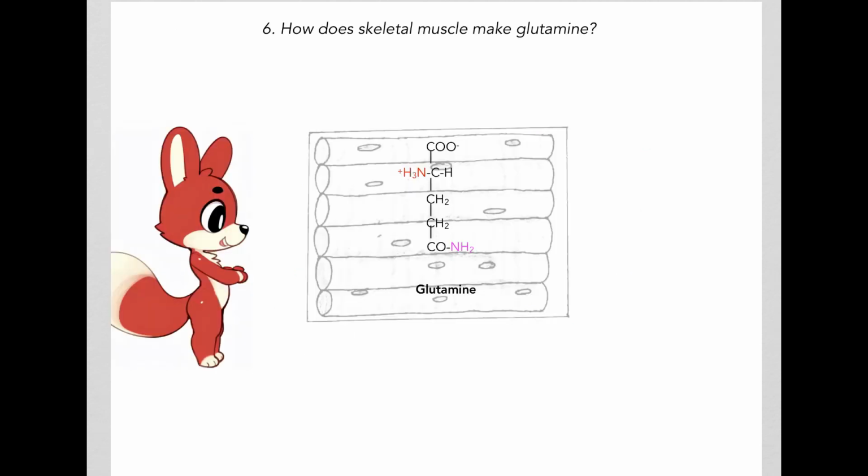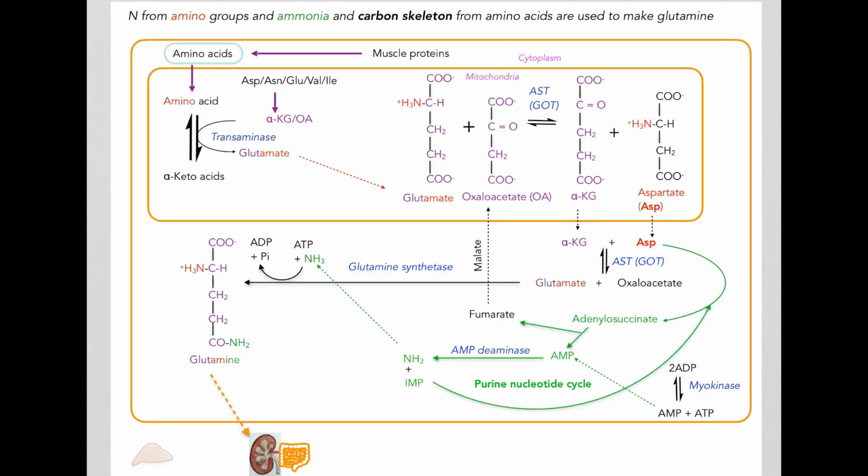Now let's see how the skeletal muscle makes the amino acid glutamine. Just as in the case of alanine, the amino acids that are derived from the breakdown of muscle proteins undergo a transamination. The amino group is transferred to glutamate, and the glutamate then undergoes transamination by AST. Glutamate and oxaloacetate will react to give you alpha-ketoglutarate and aspartate.